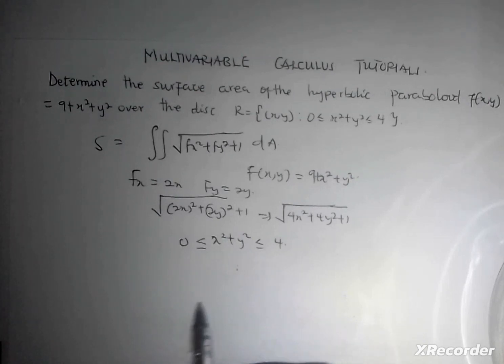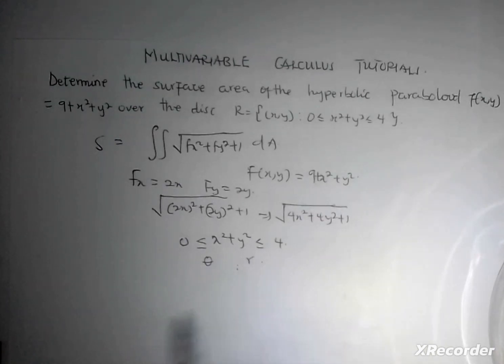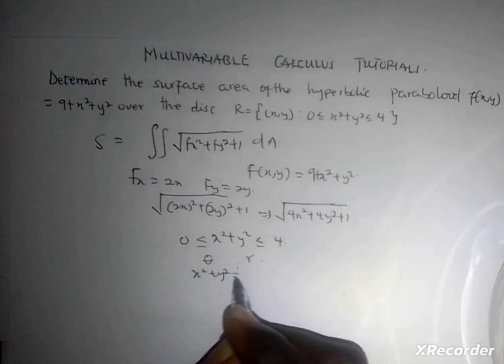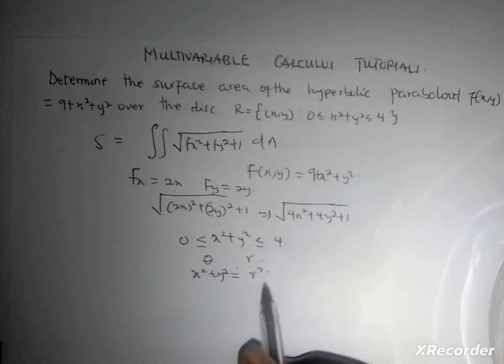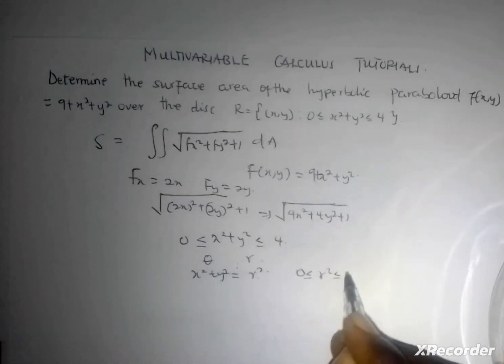In polar coordinates, we are interested in two parameters: theta and r. R is the radius of the circle and theta is the angle the radius makes with the xy plane. At this point, x squared plus y squared gives us r squared. So 0 is less than or equal to r squared, less than or equal to 4.